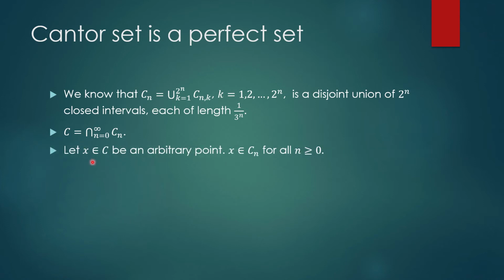For that, let us take an arbitrary point x from C. Since C is formed by the intersection of this form, x belongs to C means x is a member of every Cn. So x belongs to Cn for all n greater than or equal to 0.